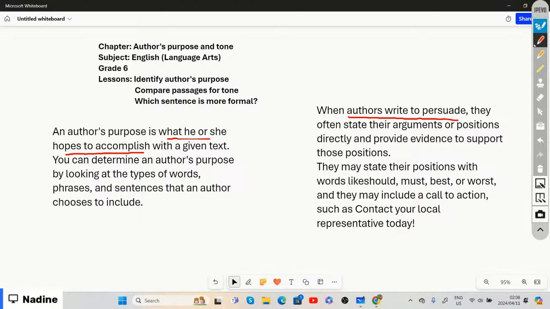When an author writes to persuade you to either do something or follow something, they often state their argument as to why you need to do it, and they provide some evidence to support those positions. Because remember, when you're arguing or showing some form of position directly, there needs to be evidence, especially when it comes to persuading. People want to see evidence as to why I need to do something, why I need to follow something, right?